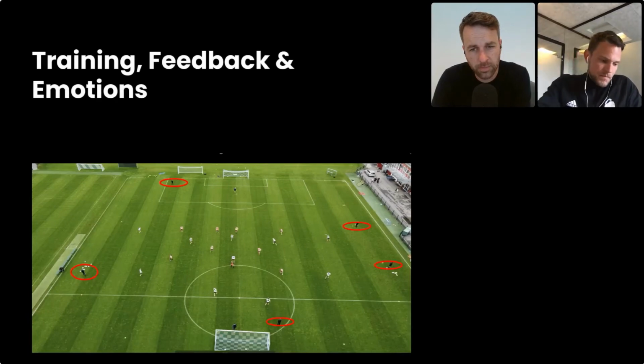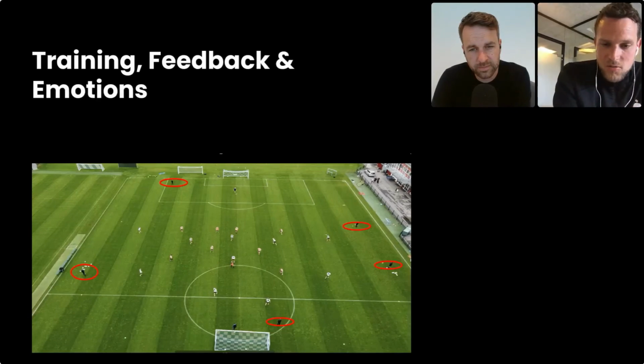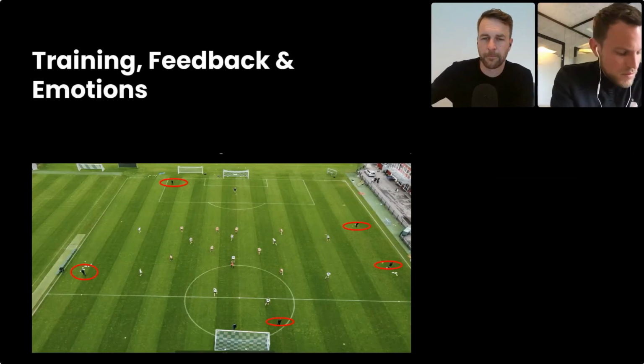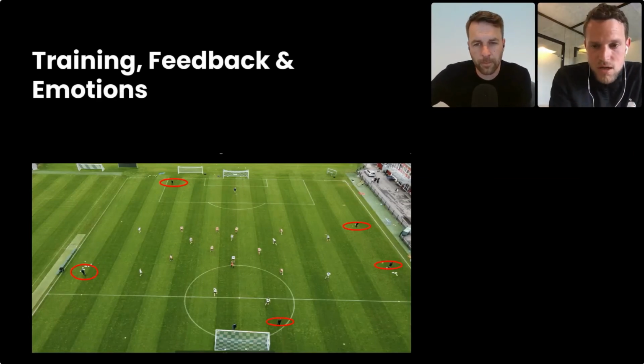And for instance, with skills, finishing, for instance, we actually discussed this quite a lot in terms of feedback. So when you give feedback on execution, you make disturbances within the brain, which will quite often make you drop in performance.